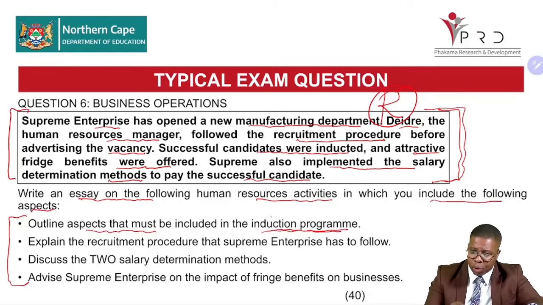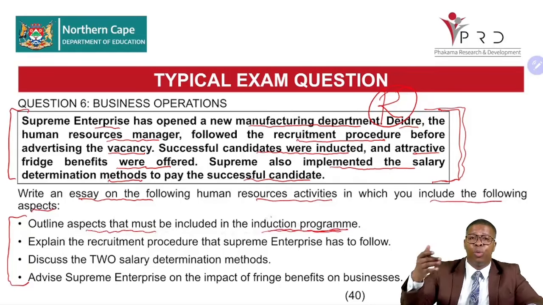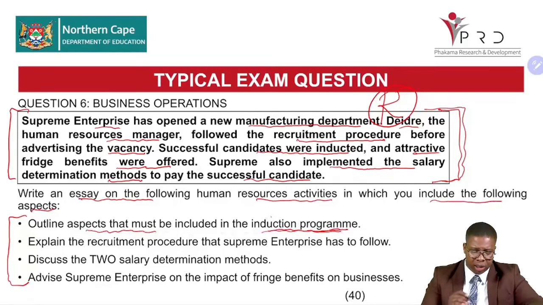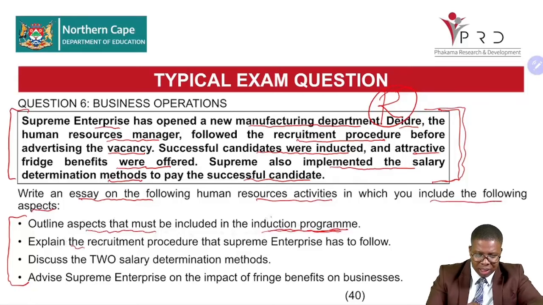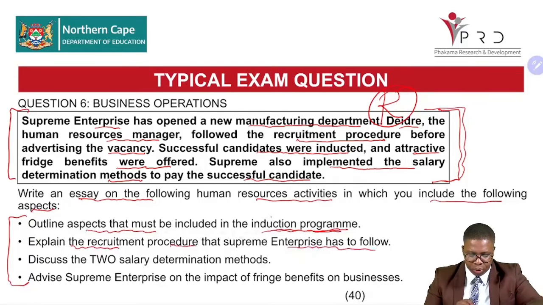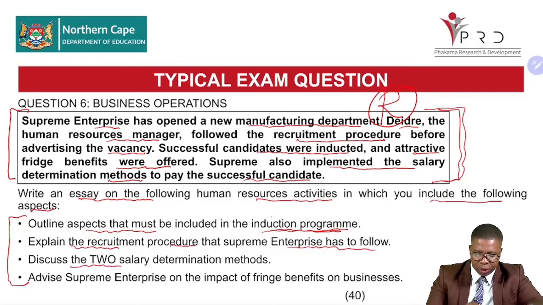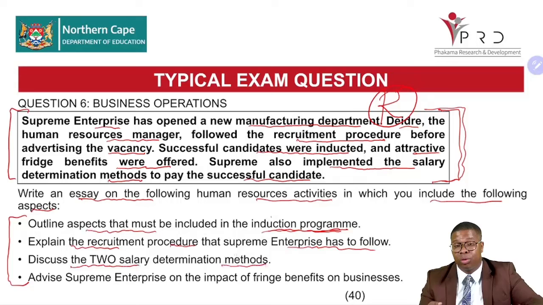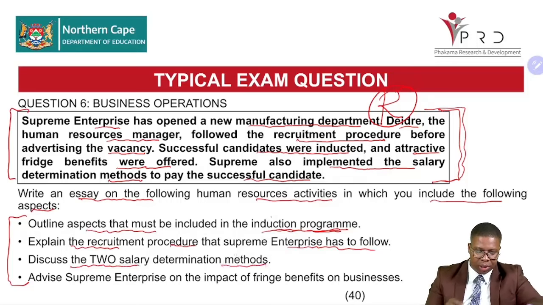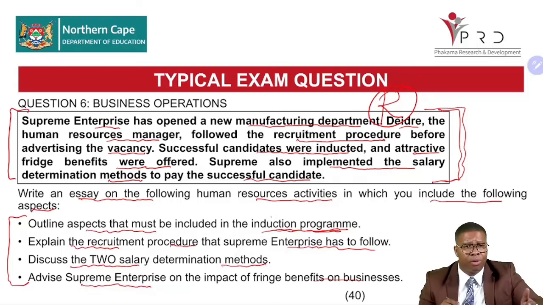So when we say programs, we are talking about what could be included in the program of induction. And then we also look into explaining the recruitment procedure that Supreme Enterprise has to follow, discussing the 2 salary determination methods that are applicable according to the human resource function, and advising Supreme Enterprise on the impact of fringe benefits on the business, for 40 marks.